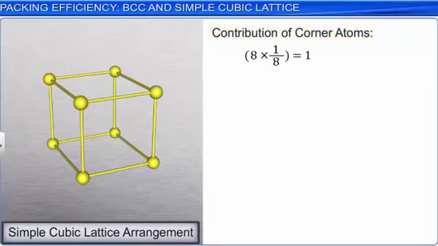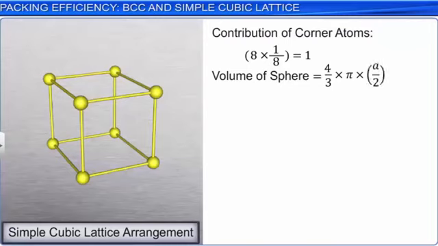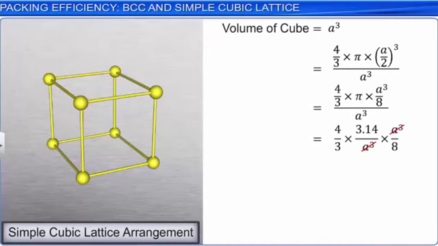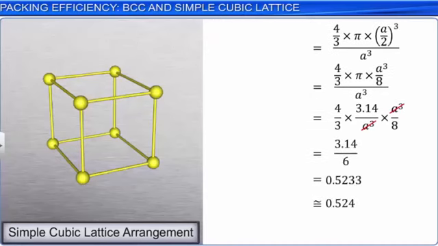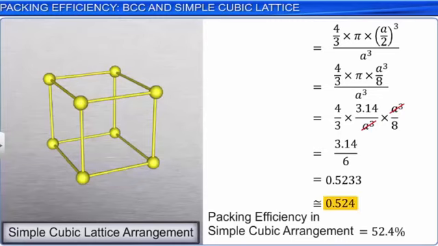The volume of a sphere contributing to a unit cell is 4 upon 3 into pi into (a upon 2) whole cube, while the volume of a unit cell is a cube. On substituting these expressions in the formula for packing efficiency and simplifying, we get 0.524 or 52.4%.